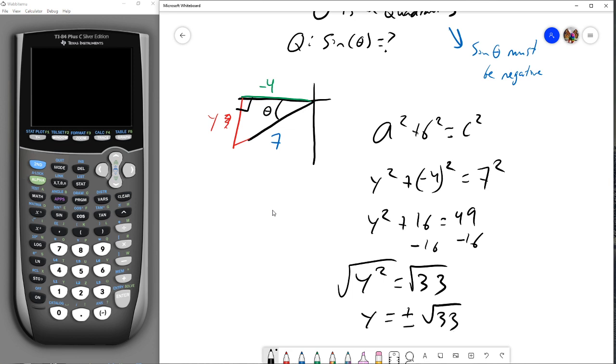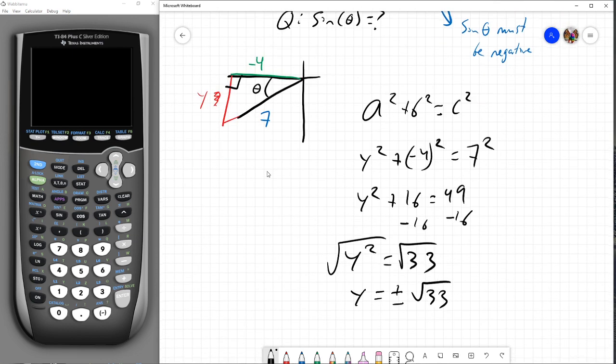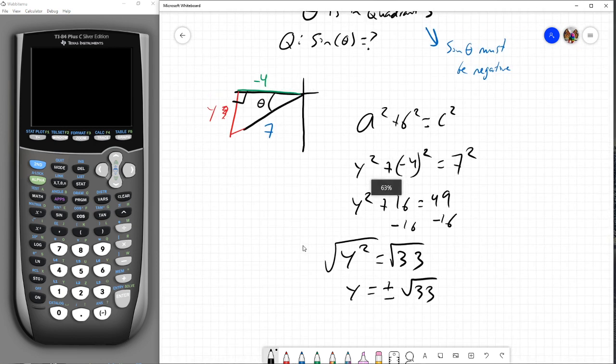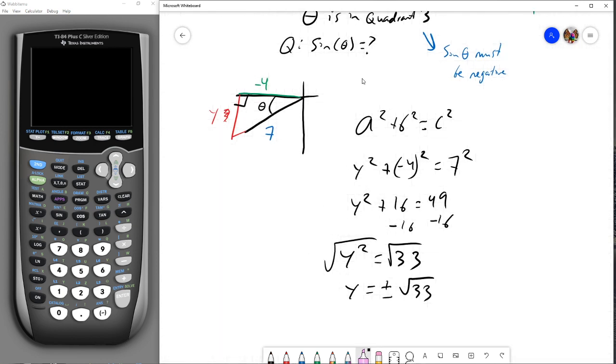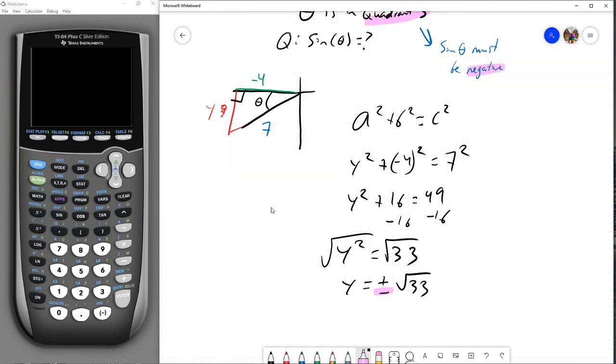We get the plus or minus because whenever you take a square root, it's always plus or minus. In our case, depending on what quadrant we're in, that will determine which sign we want to use. So we're told quadrant 3. That means sine has to be negative, so we want the negative. We don't want the positive, so let's put an x on the positive.